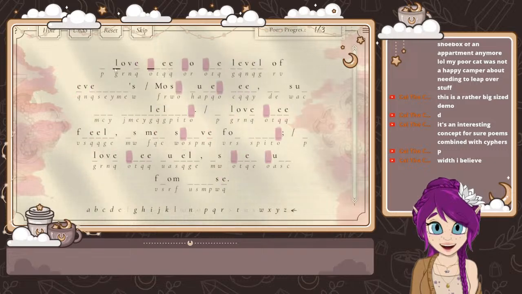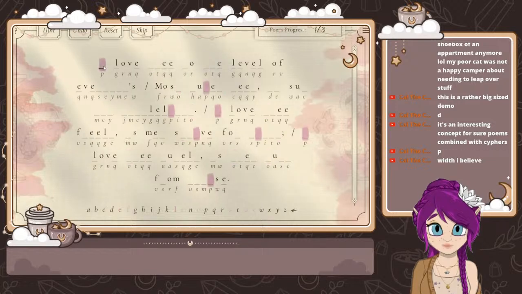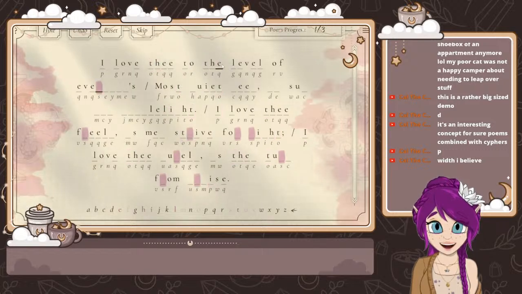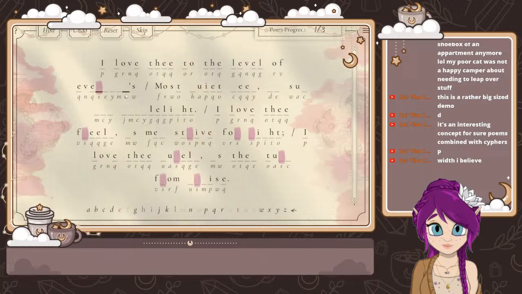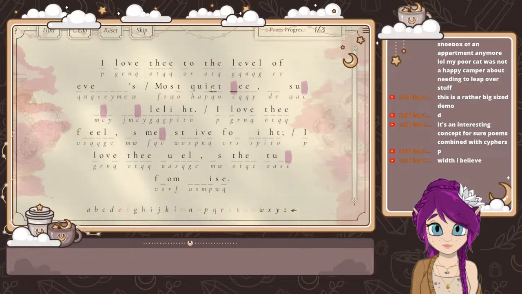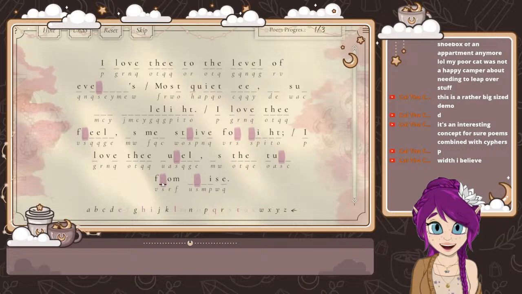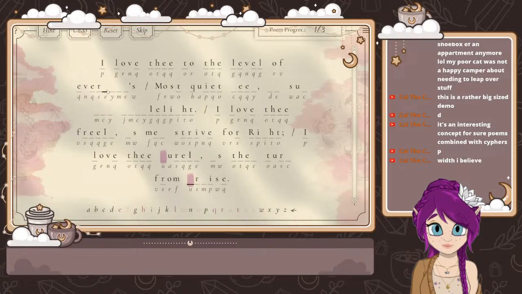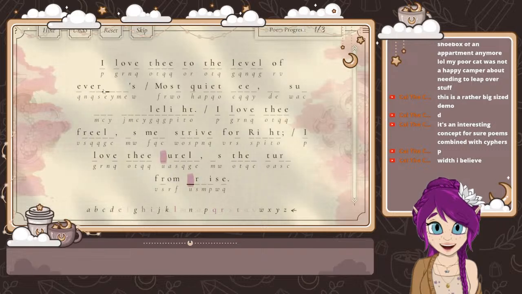So this is love. I love thee to the level of something most quiet. Most quiet. Oh, this is from... I love thee to the level of ever. Is it evermore?